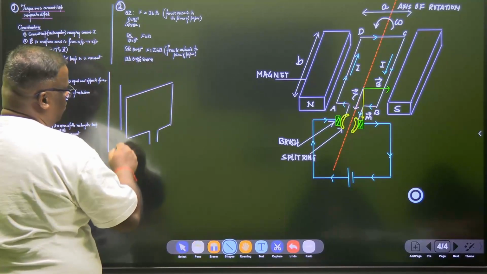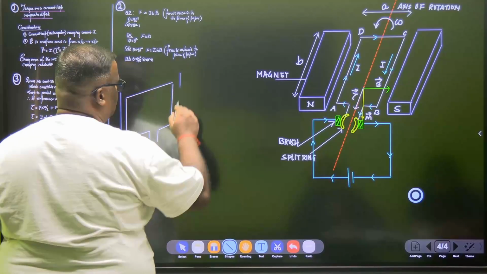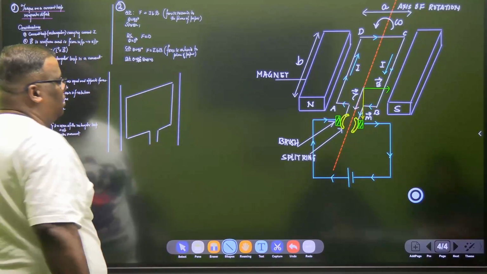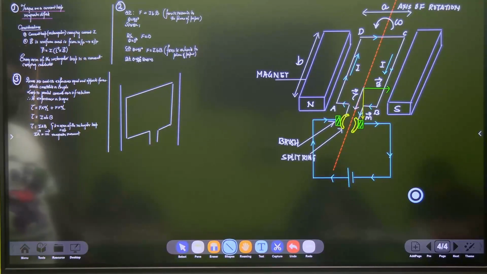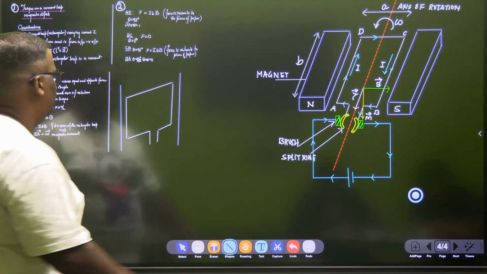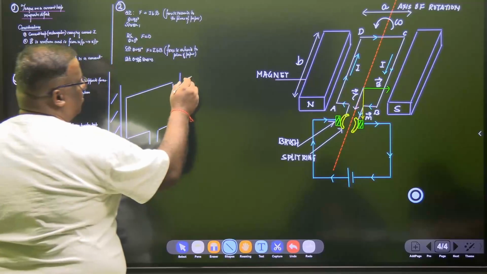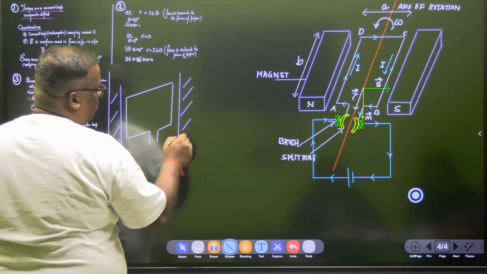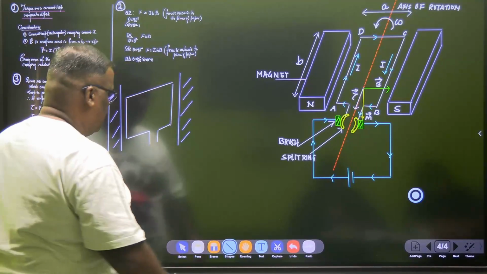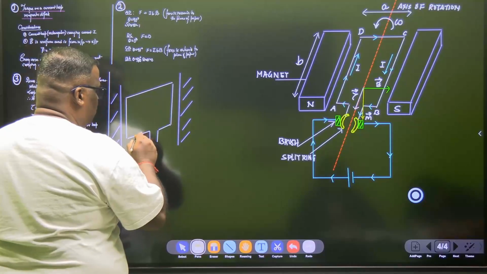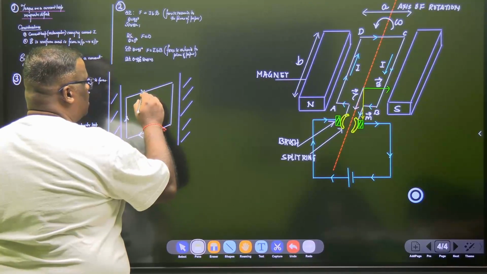This is your magnet on this side, and this is the magnet on the other side. And my current still continues to go in this direction.